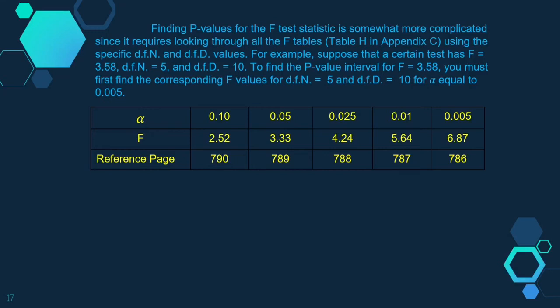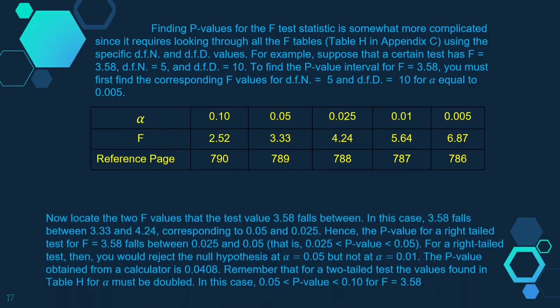When alpha is equal to 0.025, F is equal to 4.24 in page 788. When alpha is equal to 0.01, F is equal to 5.64 in page 787. When alpha is equal to 0.005, F is 6.87 in page 786.